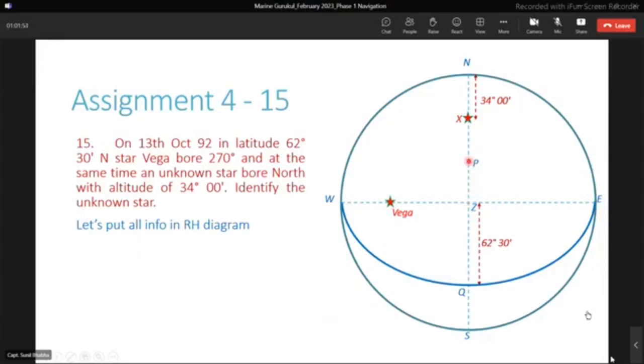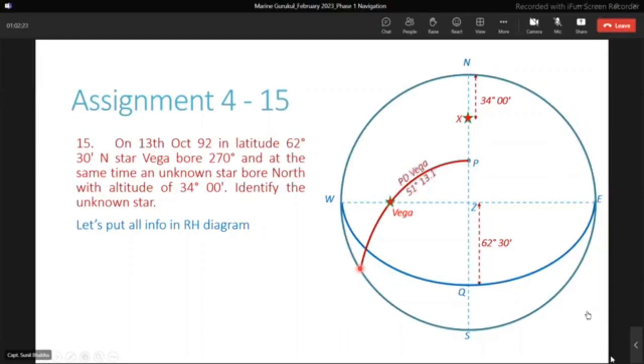So I'm going to draw the celestial meridian of star Vega. Its celestial meridian will originate from the pole and it will pass through star Vega, extending downwards. So let us show the celestial meridian in the diagram. The maroon color line which you see from P going up to Vega and going further is the celestial meridian of Vega.